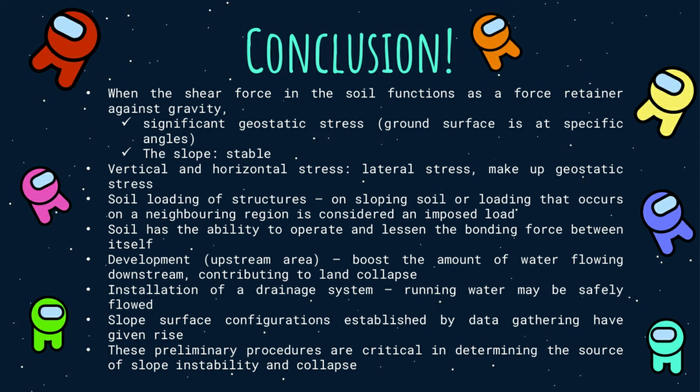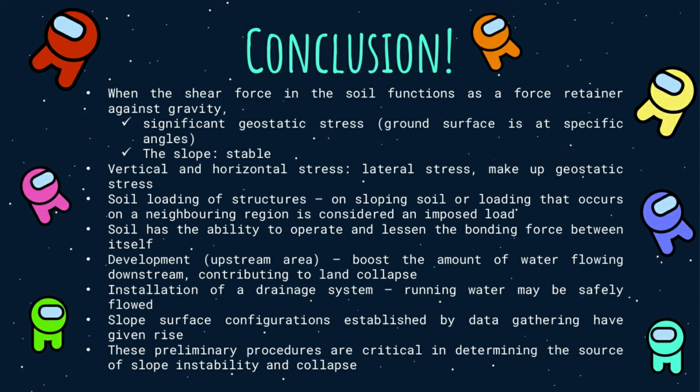Aside from that, development in the upstream area will boost the amount of water flowing downstream, contributing to land collapse. With the installation of a drainage system or a retention pond, okay, the running water may be safely flowed.